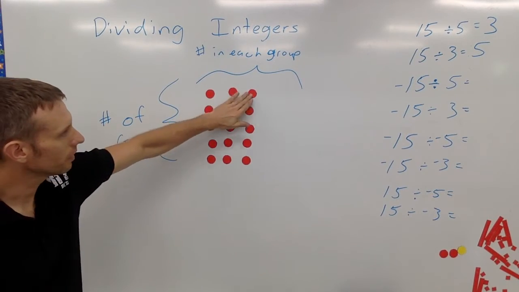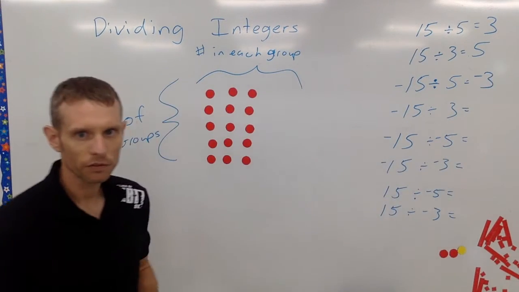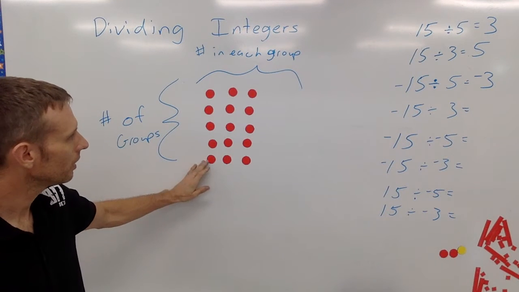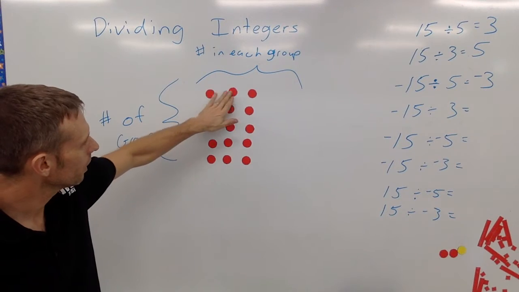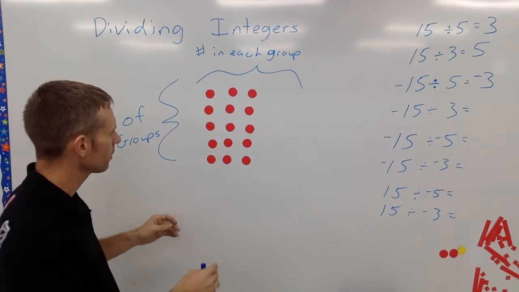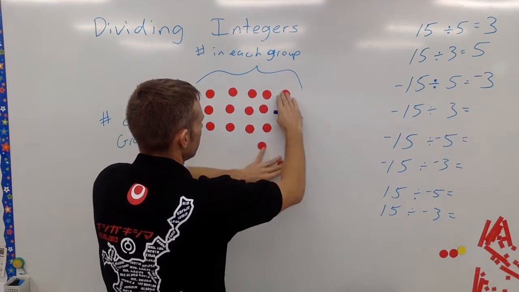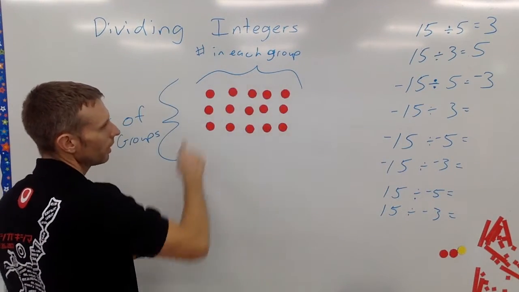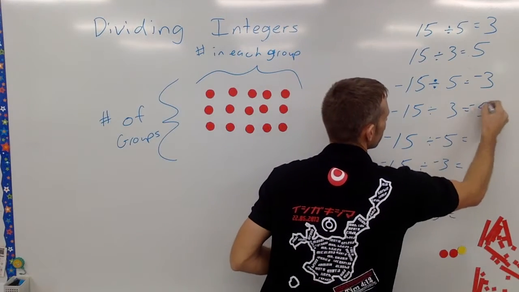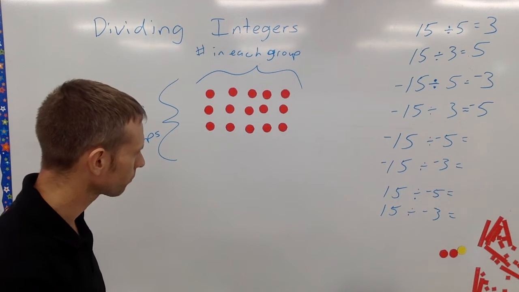I have negative 3 in each group. So negative 15 total divided into 5 groups gives me negative 3 in each group. Same thing if I had negative 15 divided into 3 groups, 1, 2, 3. I have negative 5 in each group. Okay, so far so good.